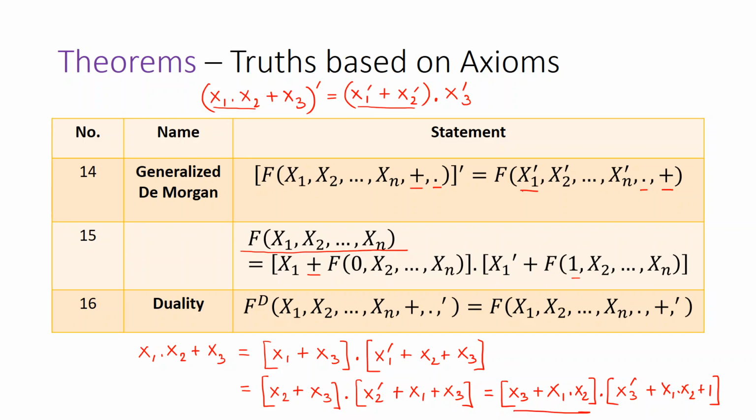The duality theorem says that the dual of a function f composed of all these things would be equal to the same function where you don't change the variables. See, you don't change the variables. What you change? You only change the OR and AND operators. That's all you change.